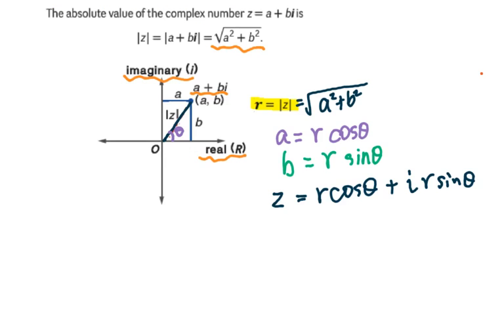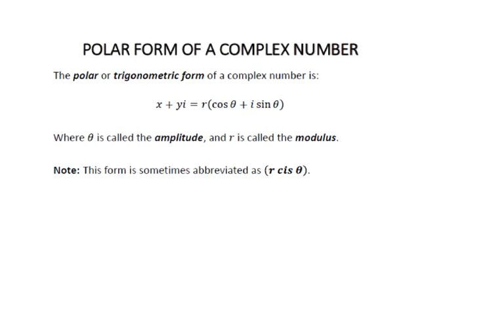Sometimes this form can be abbreviated as r cis theta, so that people know r is the distance to the origin, with a cosine and i sine of theta.